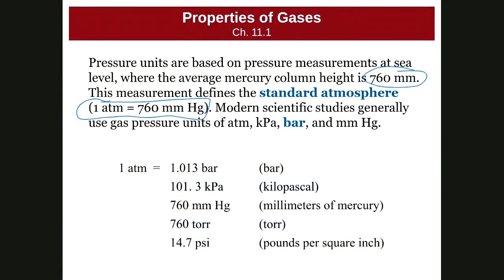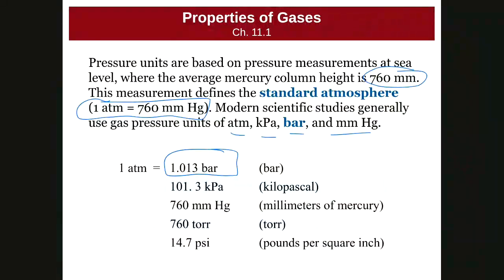Some other units you might see in the lab or in the textbooks are atmospheres, kilopascals, which is just a metric multiplier of pascals, bars, and millimeters of mercury. And the conversions between those are all here. So 1 atmosphere is equal to 1.013 bars.